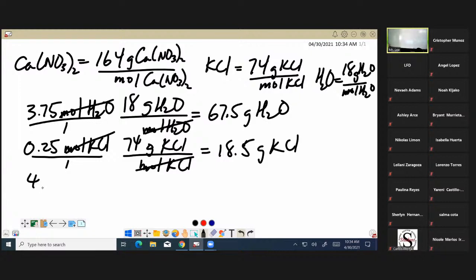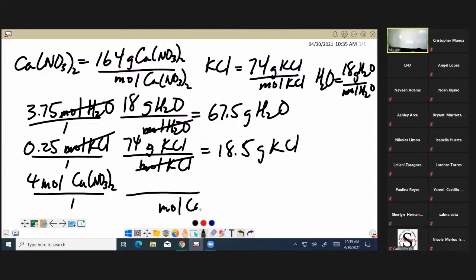And finally, the last one, or at least the last one I'm doing for you guys, you have 4 moles of calcium nitrate. Right? One underneath, and again, we want moles of calcium nitrate on the bottom and grams of calcium nitrate on top. And previously, we figured that out to be 164, right? So 164.